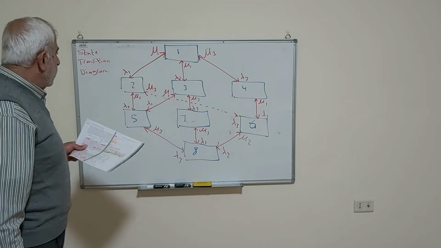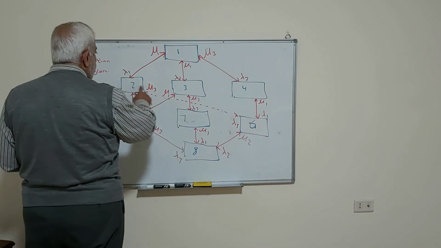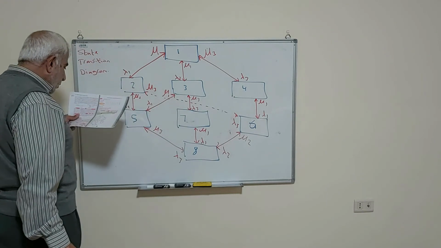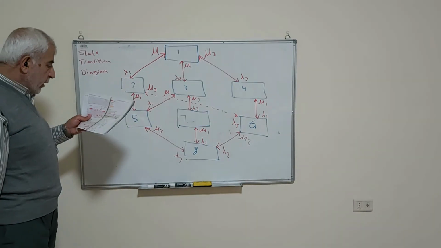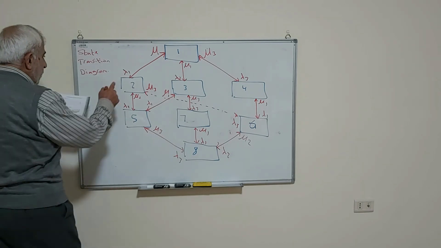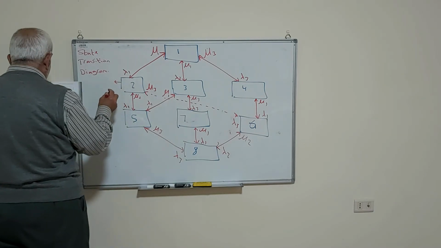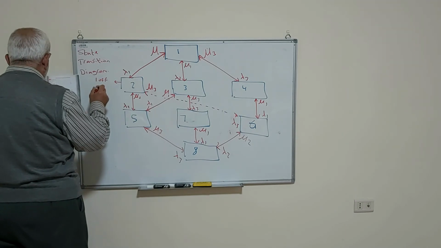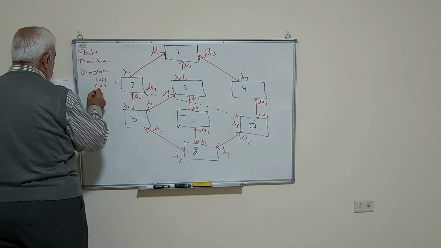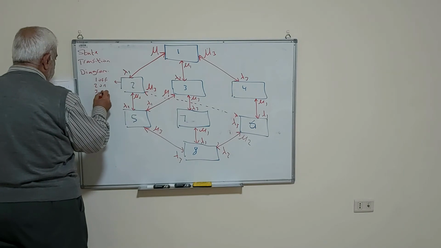Just please note there is no transition between 2 and 3. Why? Because in state 2, unit 1 is off, with 2 on and 3 on.